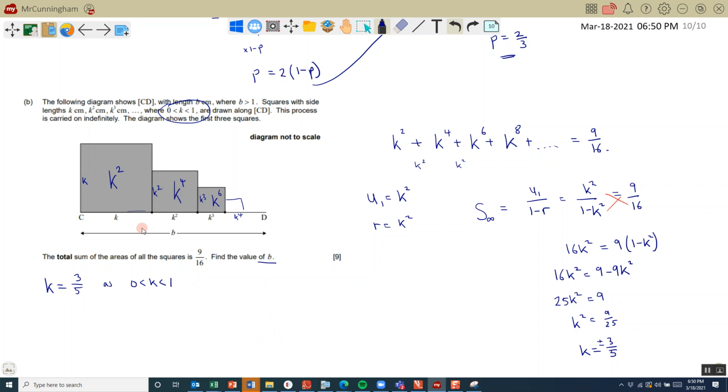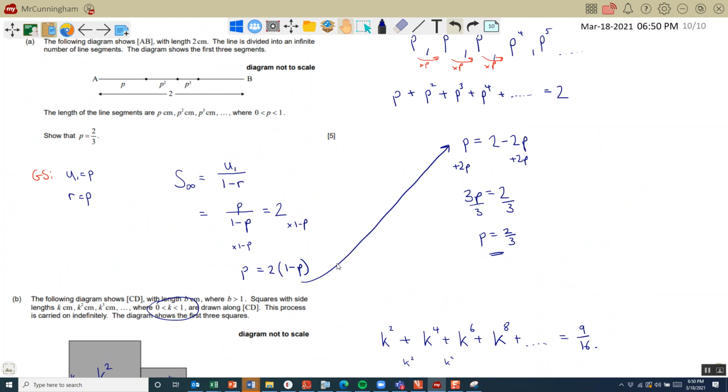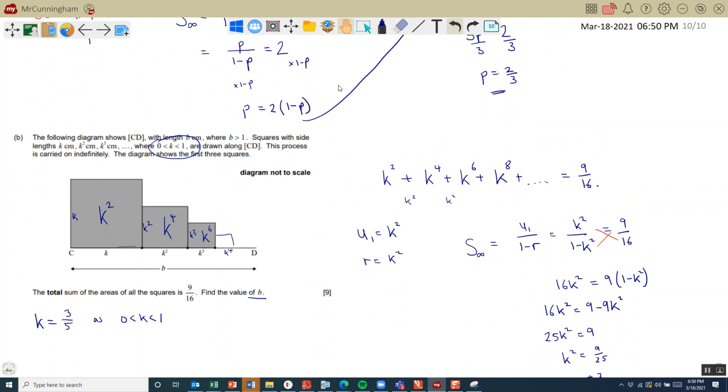Okay, now I need to work out what this CD is. And let's think about that. So this is actually similar to the previous question. Just have a look up here. Yep, p squared, p cubed.